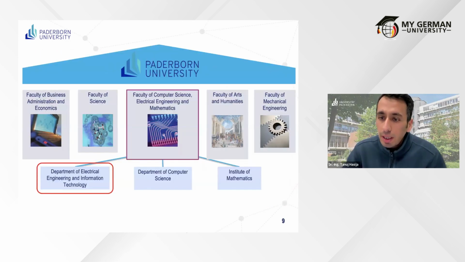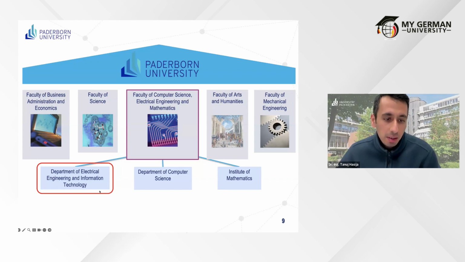Okay, so I'm going more technical now after talking about the city and the university as a whole. We have 5 faculties, and this particular course is within the Faculty of Computer Science, Electrical Engineering, and Mathematics. That's divided into 3 departments: Department of Electrical Engineering and Information Technology, Department of Computer Science, and Institute of Mathematics.